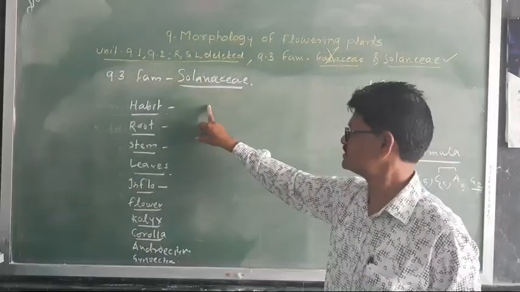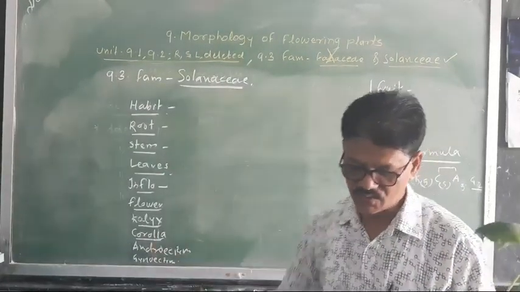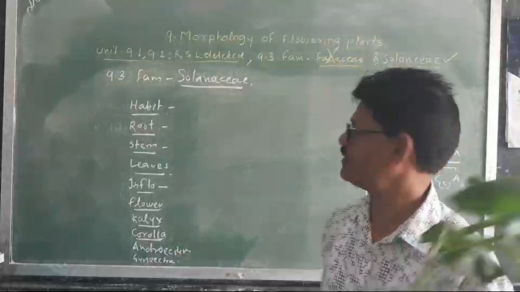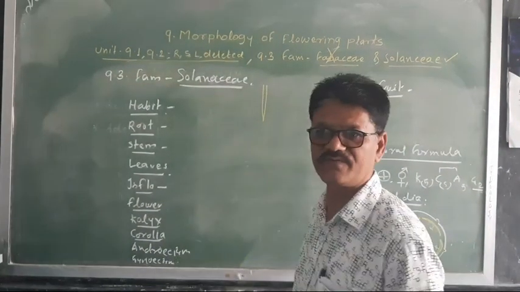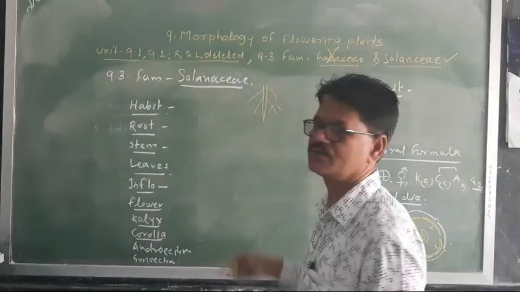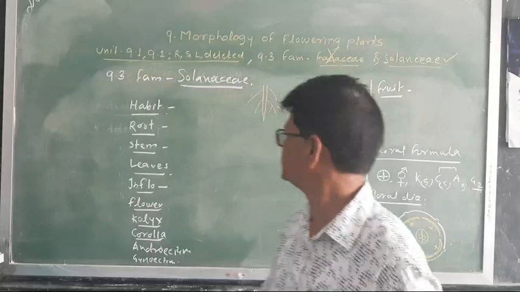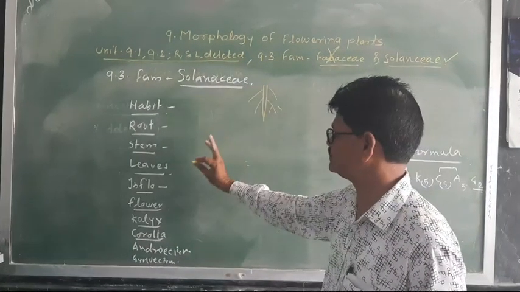That is the habit. Then what type of roots are there? The root system is a taproot system. Taproot means one primary root grows first, and on that the secondary and tertiary roots are formed. This is the taproot system found in family Solanaceae.